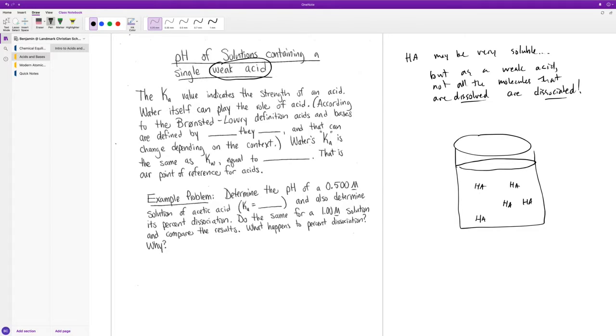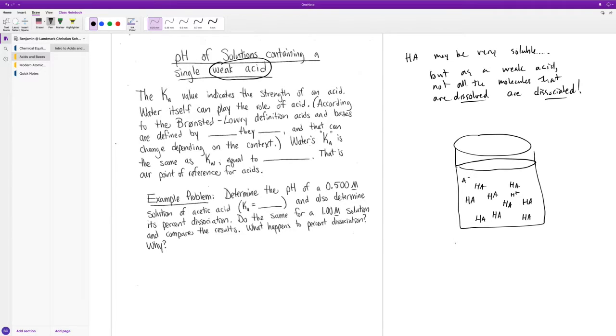Individual molecules, neutral, no ions yet. 1, 2, 3, 4, 5, 6, 7, 8, 9. Maybe 1 in 10 will actually dissociate into ions like that. Lots of these are all stuck together, and only 1 in 10 have dissociated.